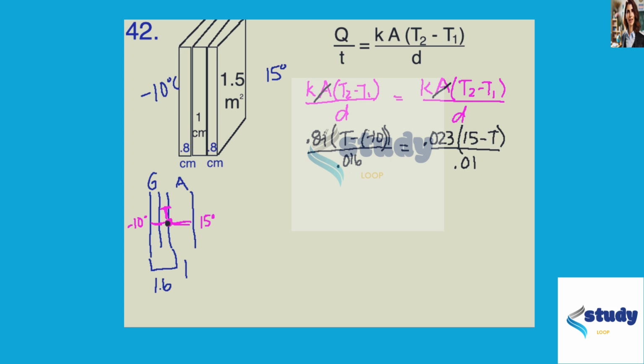I can do this dividing, and that gives me 52.5 times T minus negative 10, so T plus 10. And over here, this is going to be 2.3 times 15 minus T. Got to remember to do my distributing here.